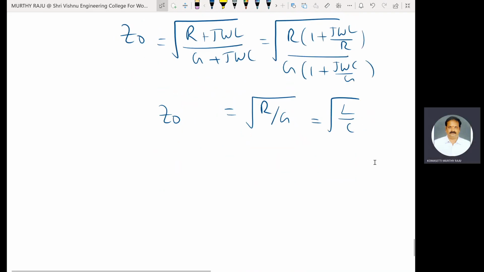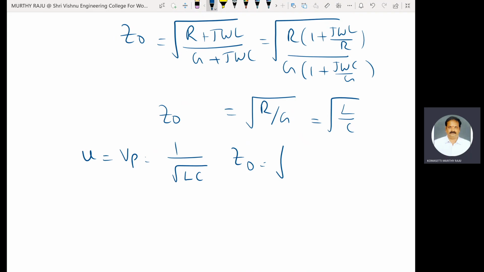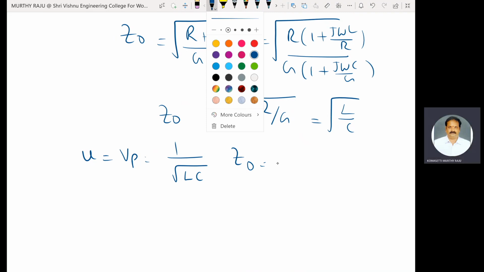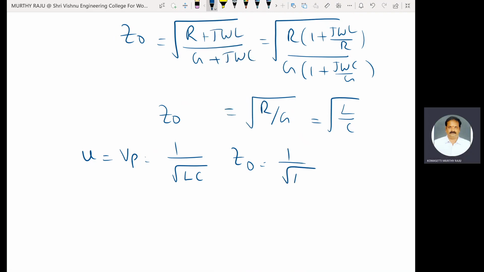The phase velocity is independent of frequency. Phase velocity U or Vp is equal to 1 by root over LC. There is no frequency term in that expression, because the phase constant beta depends linearly on frequency: beta is equal to omega root over LC.